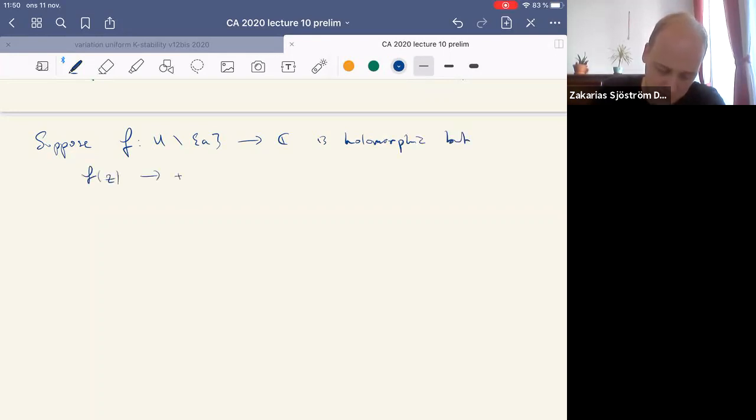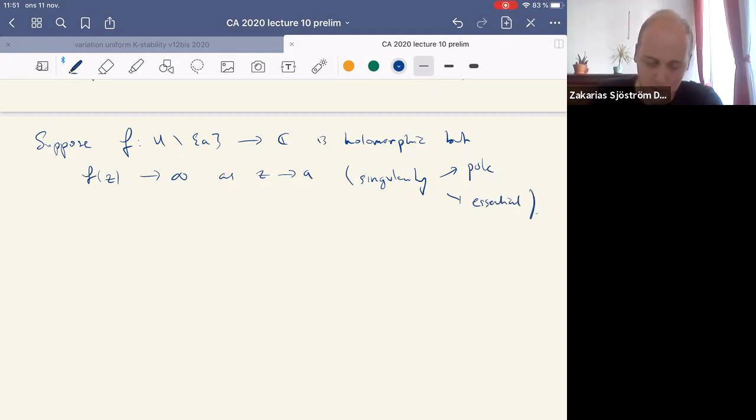But f of z goes to infinity as z goes to a, so we have some singularity. This could be either a pole or an essential singularity. By the way, writing plus infinity here is kind of stupid, because it's complex valued and we have no order. So don't do that, but it's easily done, just out of habit.